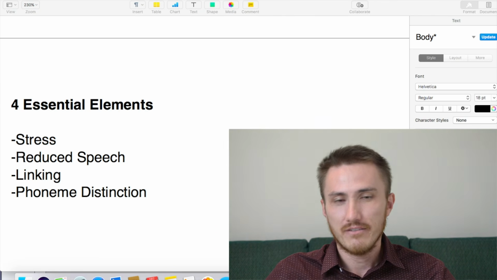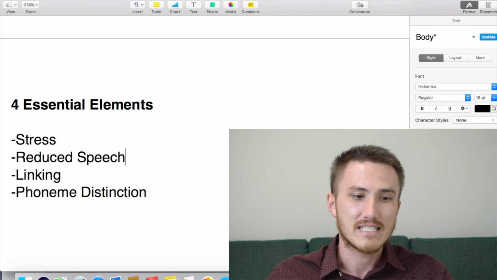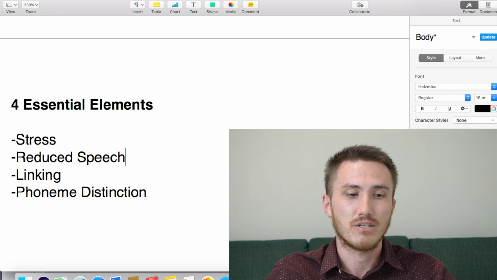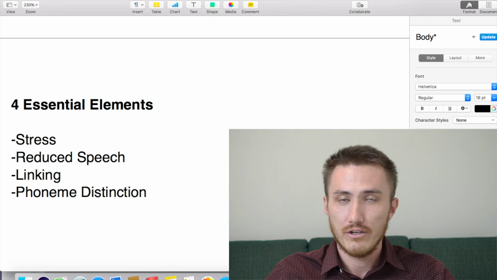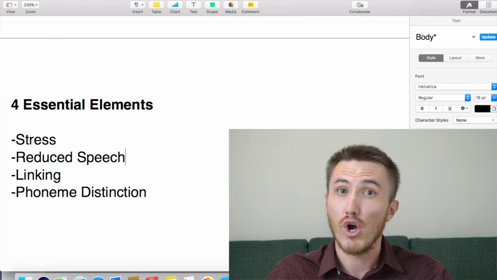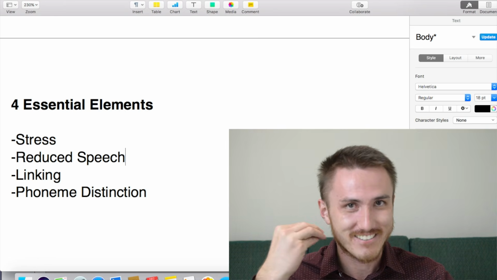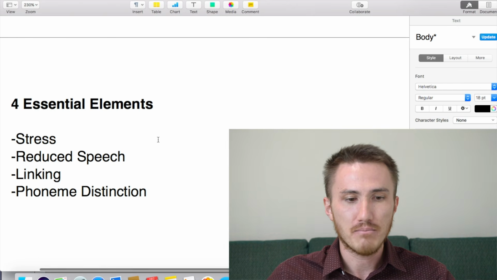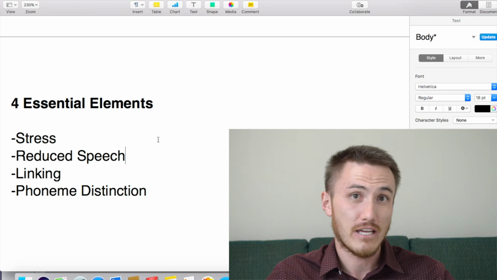So in every listening practice seminar, we always want to focus on the 4 essential elements of English listening comprehension, okay? If you have trouble understanding people when they're speaking, even though you know the words they're saying, like you can understand their speech if you see it written down, but you can't understand it if you hear it, this is because you're unable to understand these 4 elements in their speech.